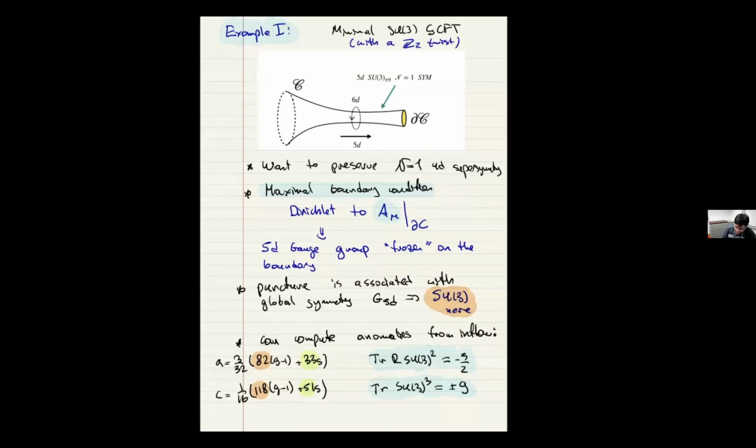In addition, you have these global symmetry factors associated to the punctures, and again, from the inflow arguments, you can compute the 't Hooft anomalies of these puncture symmetries with the R symmetry and the cubic anomaly of this SU3 symmetry. This comes from the Chern-Simons term that this theory has, and this comes from the gauginos in the vector multiplet.